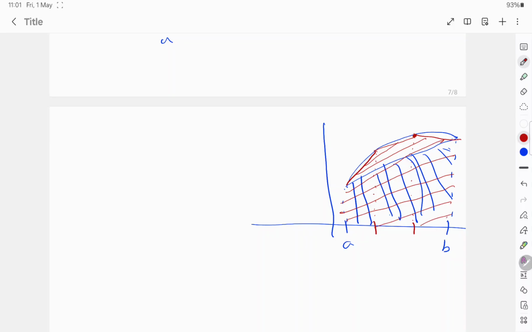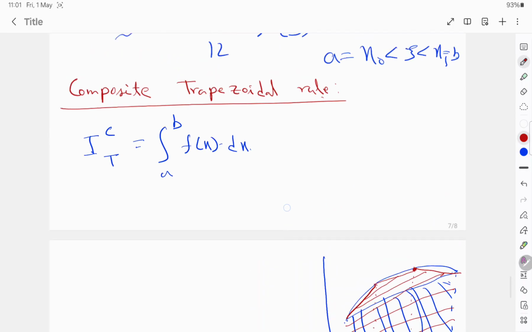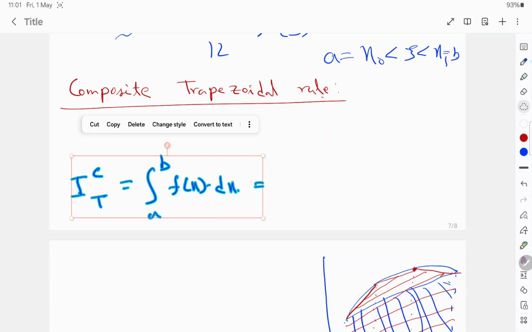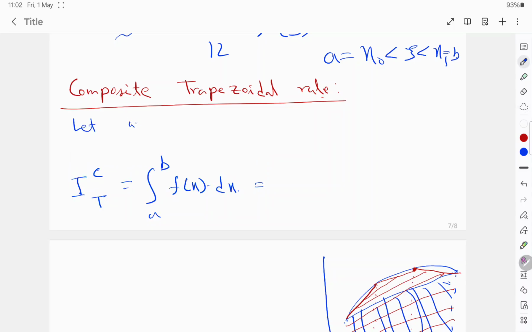Okay, anyway, so what you have to do, we are breaking in some sub intervals.